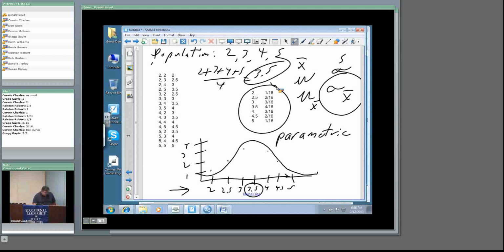So this has to do with the likelihood that our sample is going to look like our population. If you have 100 scores and you draw a sample of 10, is it possible that you're going to get the 10 highest scores? It's possible, not very likely.